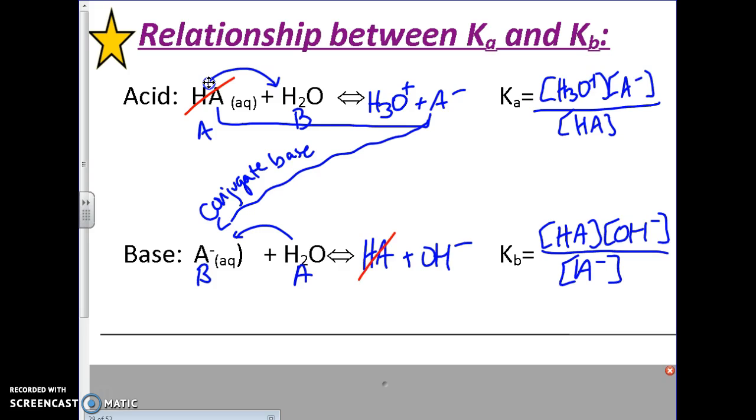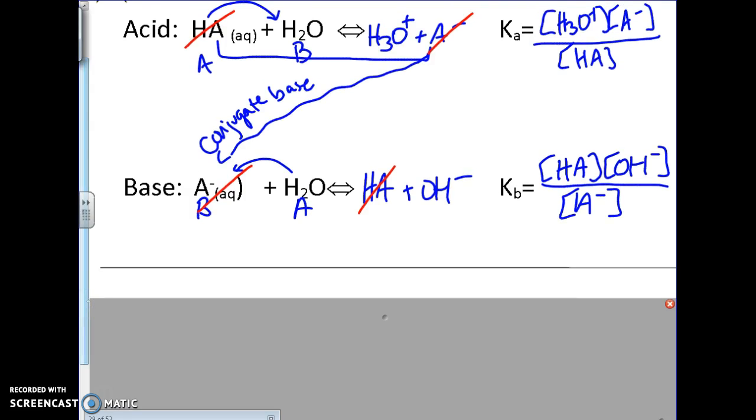You'll see the A minus is the same on both sides. So the only remaining things are the waters. We have two waters equilibrating to a hydronium and a hydroxide.